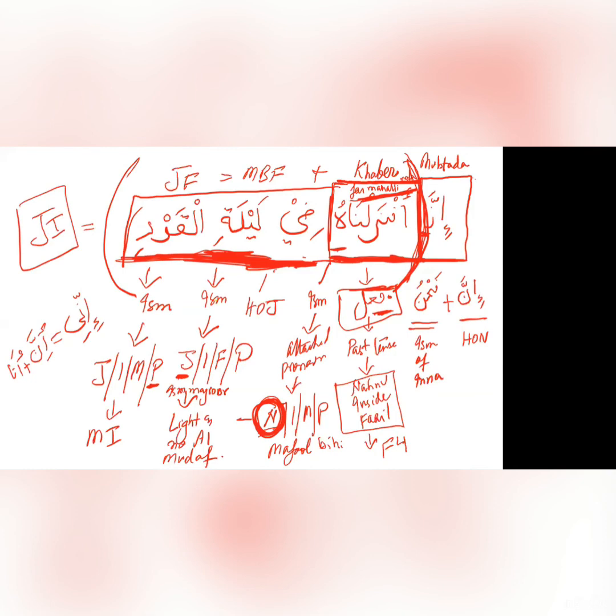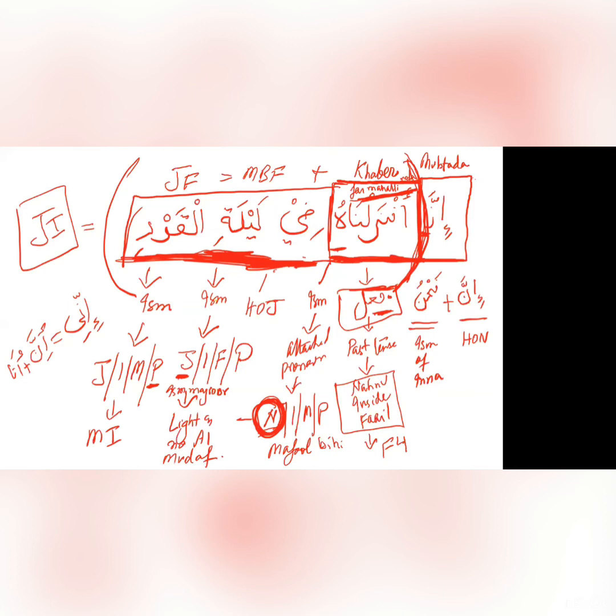Any questions with this? And fi Laylatil Qadri would be muta'alliq bil fail, right? Yes. It would be fi mahalli what? Muta'alliq bil fail is harf of jar, so we won't have fi mahalli in it. Because why do we use fi mahalli?